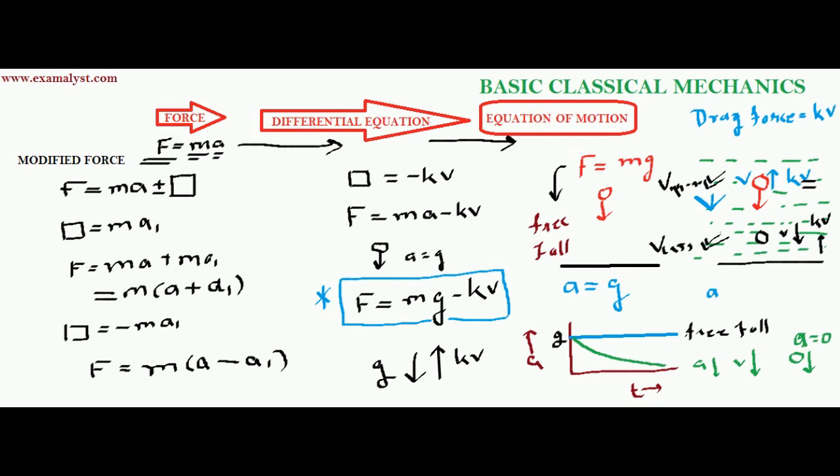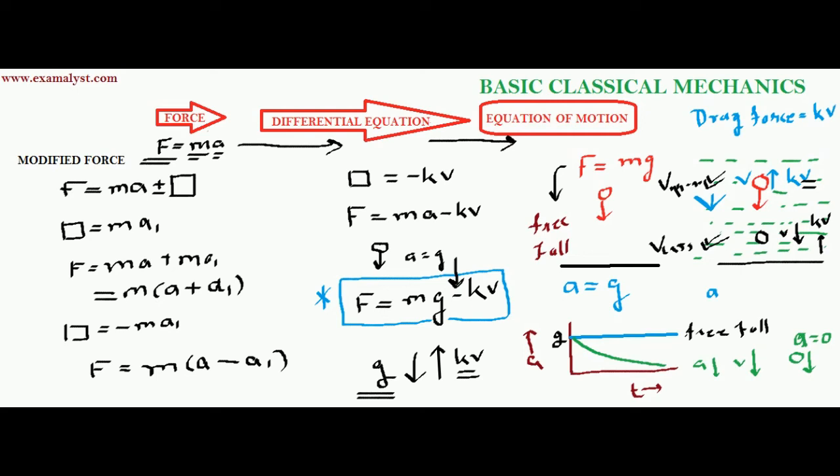And since both are in the opposite direction, that's why we have this minus sign. This minus sign indicates that kv is not helping the fall. If there were a plus sign, it means something has increased the acceleration.